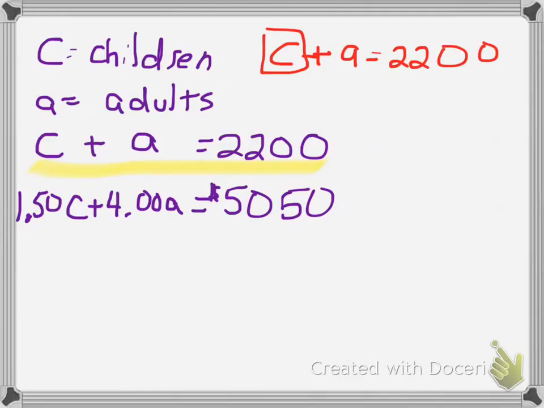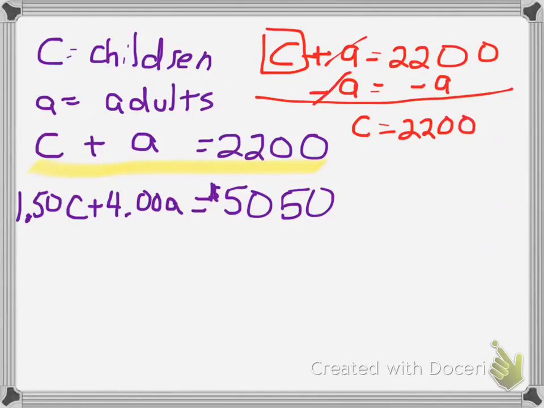Something a very wise teacher once taught me. What am I doing? I want to subtract A from both sides, and I get C equals 2,200 minus A. Now I'm going to use substitution, plug and chug into the second equation.